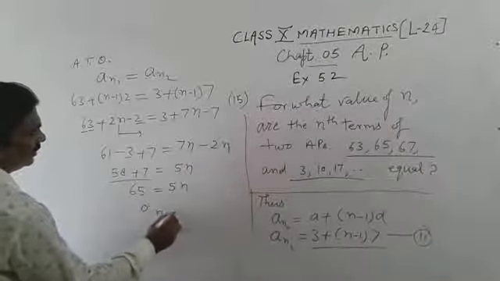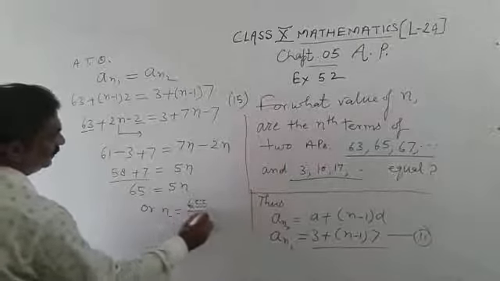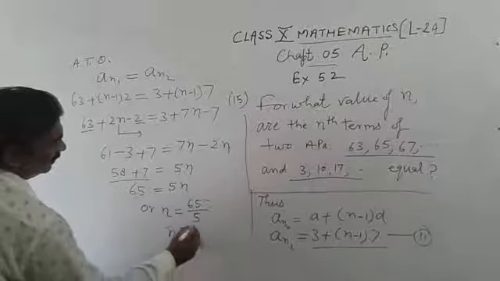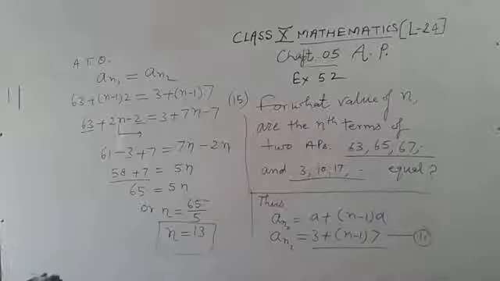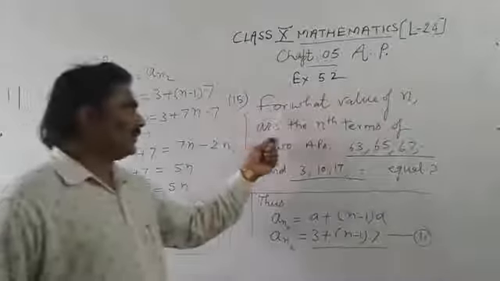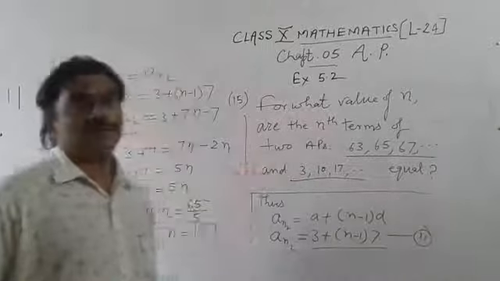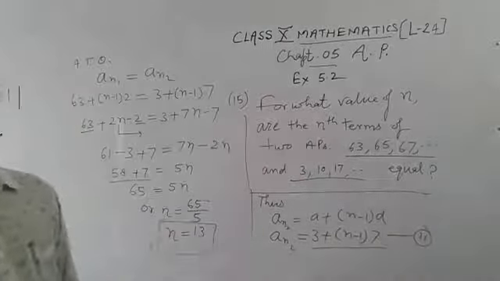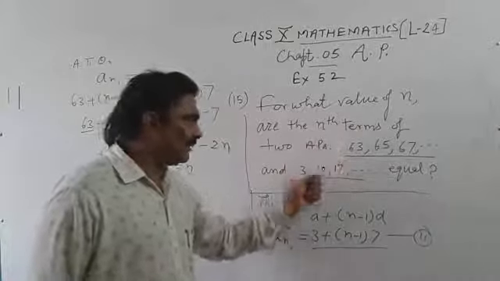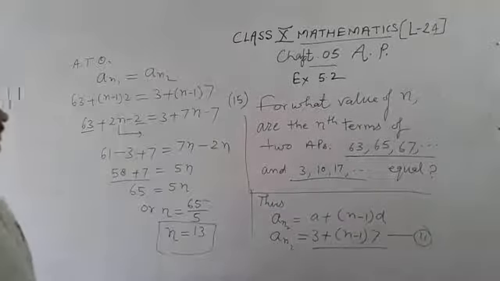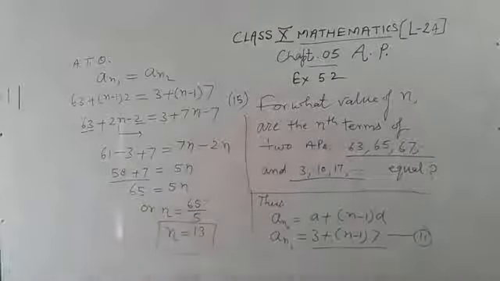Or n is equal to 65 upon 5, that is 13. So students, the answer is 13. The question was, for what value of n? It means for n equal to 13, the nth terms of both the APs will be equal. Okay, students? Then write the solution of this.